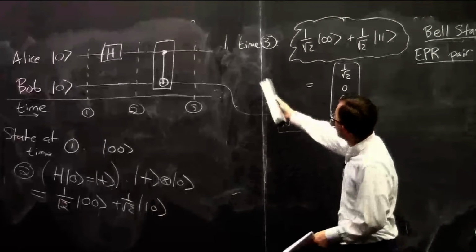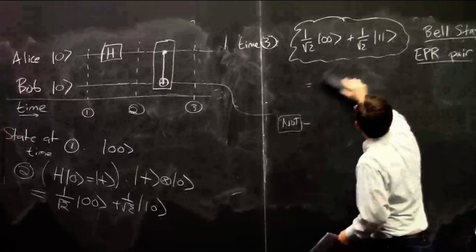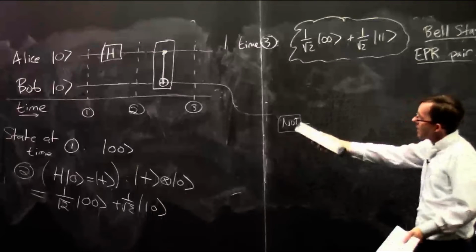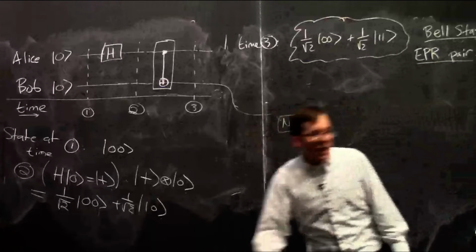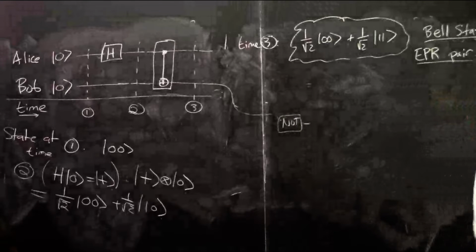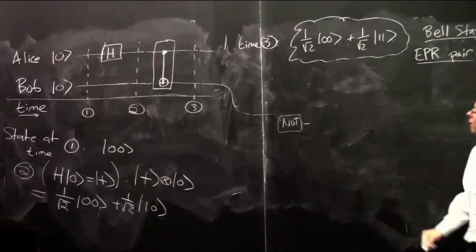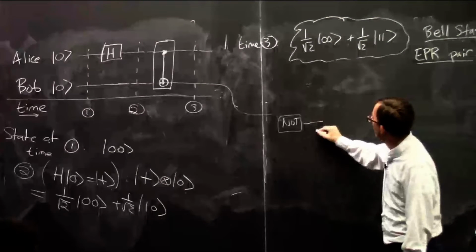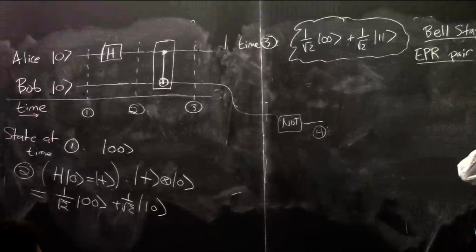Okay? So in fact, let's say we do exactly this. At time 3, this is the state. Let me erase this. And then let's say Bob takes his qubit, says thank you, and applies a NOT gate to it. What would you guess is the new joint state? Well, the new joint state is just what you would expect if Bob's bit were NOTed.